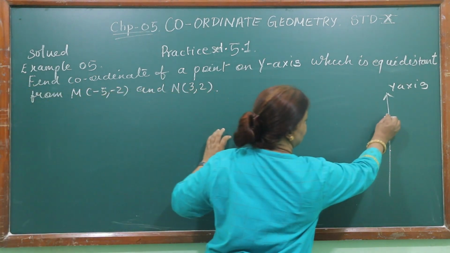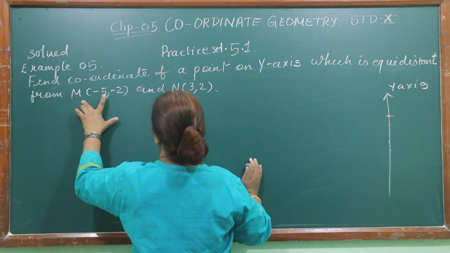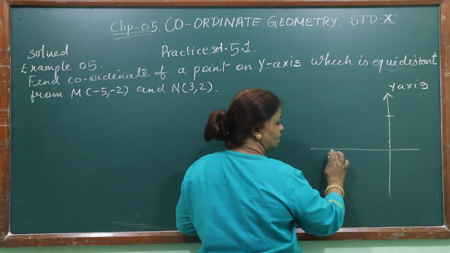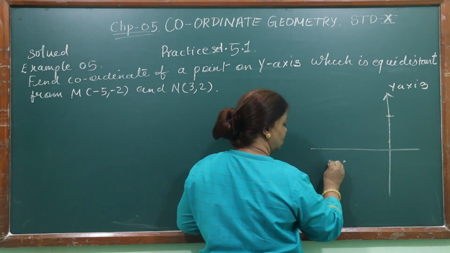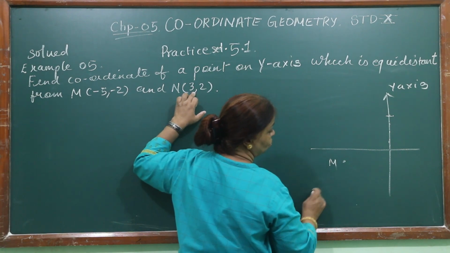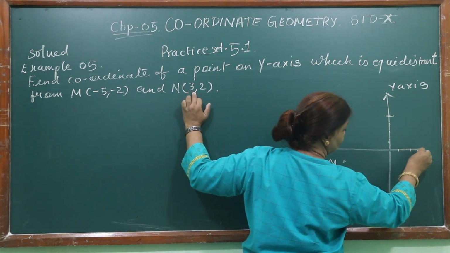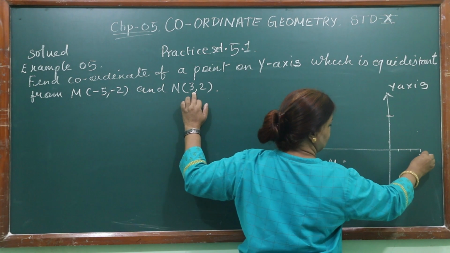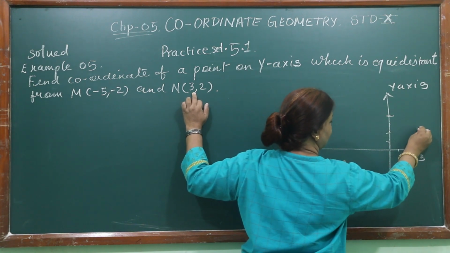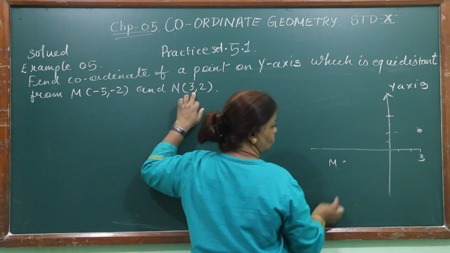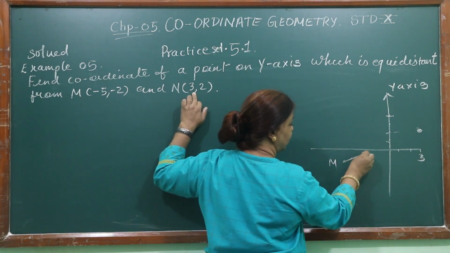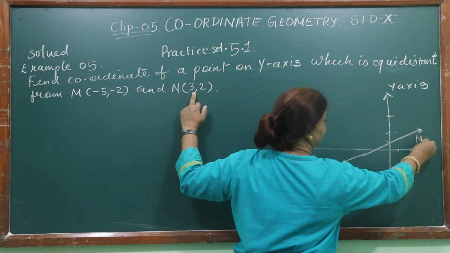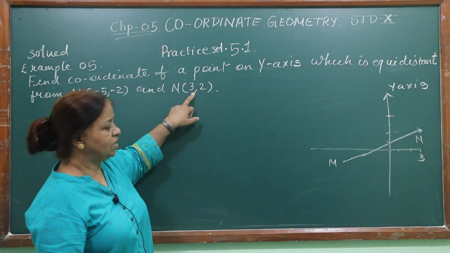So suppose if the point is here somewhere and point M is minus 5, minus 2. Minus 5, minus 2 will be somewhere here. Minus 5 means somewhere here, M, and N is 3, 2. 3, 1, 2, 3, and this is 2. So somewhere here it will be this point. So point M will be in the third quadrant and point N will be in the first quadrant.